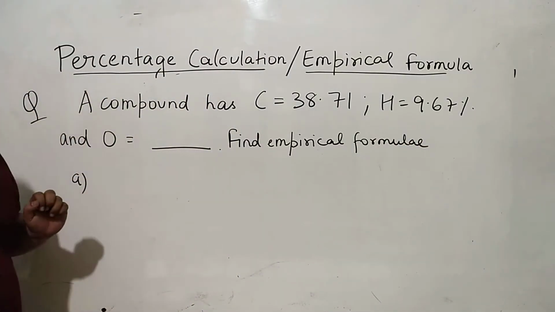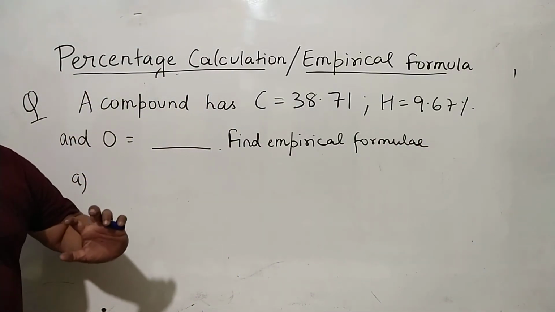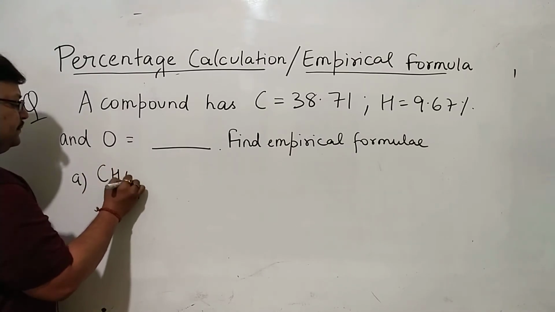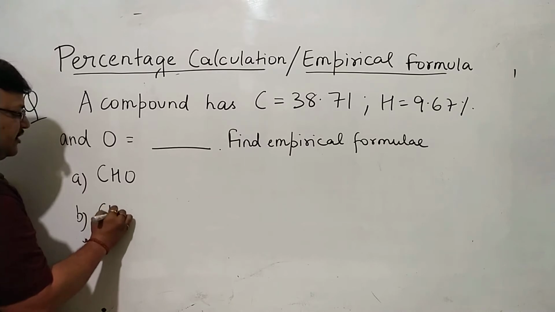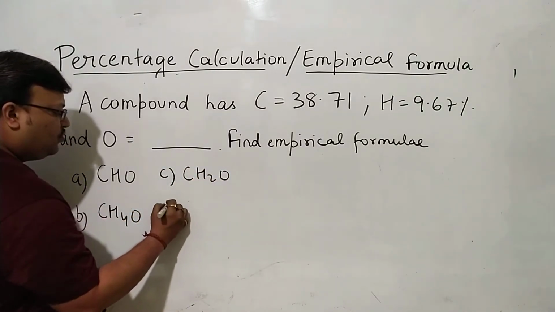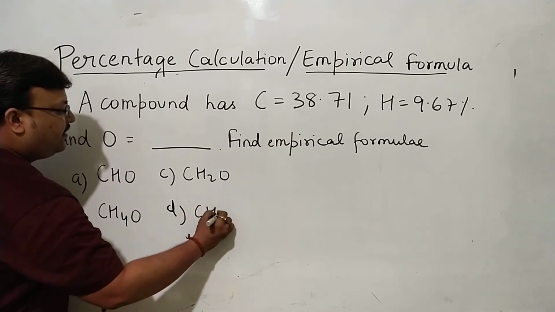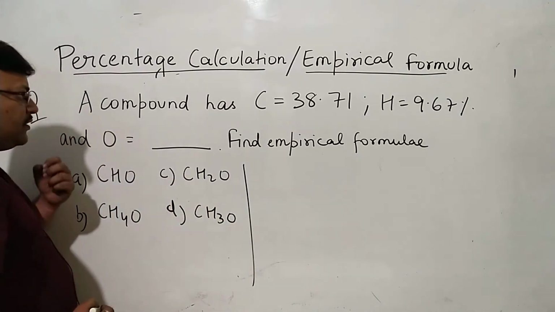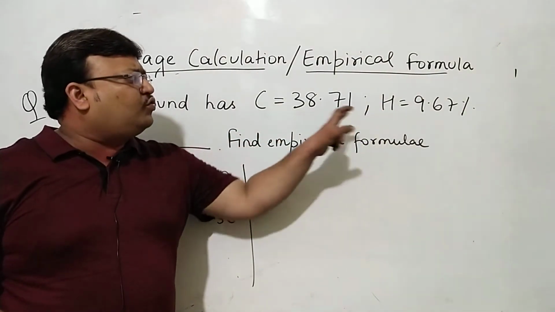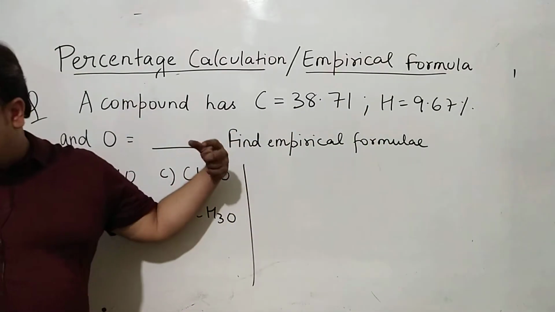The options are CHO, CH4O, CH2O and CH3O. Simple. First of all, we will want to get the percentage of oxygen by adding these two and subtracting from 100.